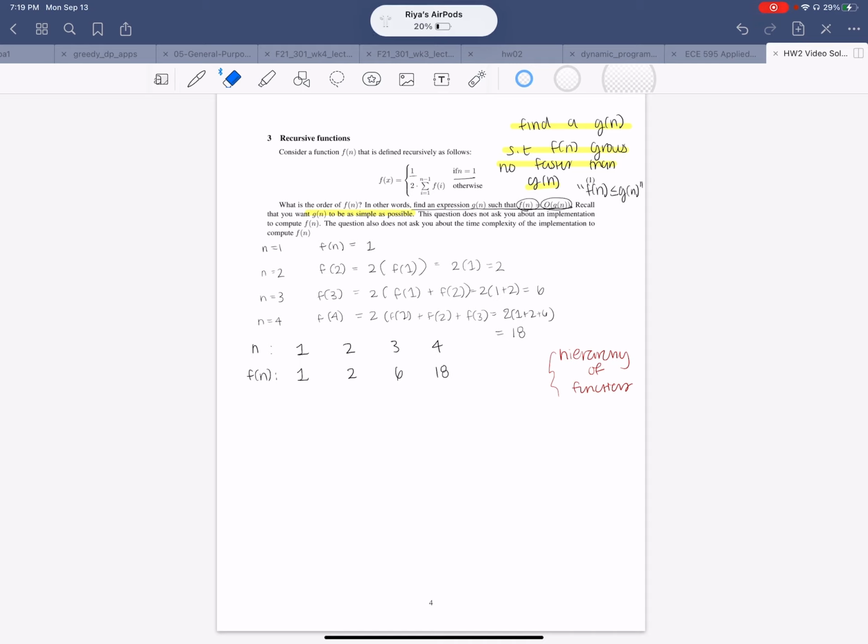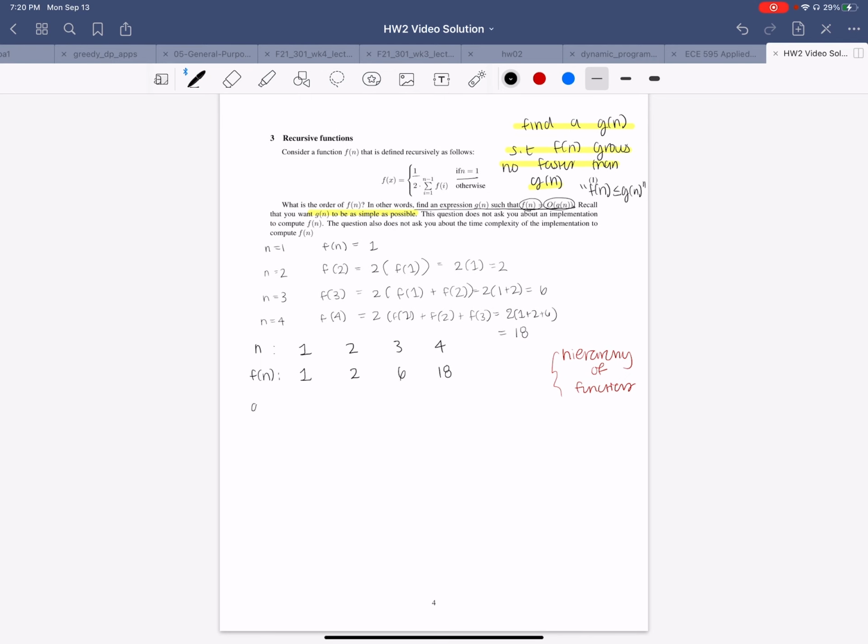So the key here is that you want g of n to act as a bound on f of n. So all the values of f of n should be less than or equal to whatever we find g of n to be. So I don't know what g of n is. We can try out a couple different things.